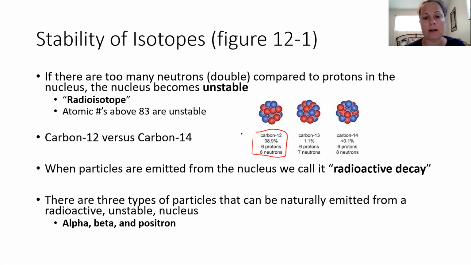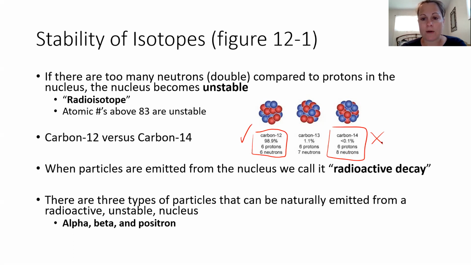So carbon 12 is a really stable isotope. But something like carbon 14, although it doesn't have double the amount of neutrons, it has more neutrons than protons. So carbon 14 is an unstable nucleus, and carbon 14 is actually radioactive.